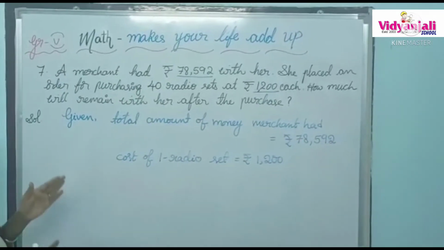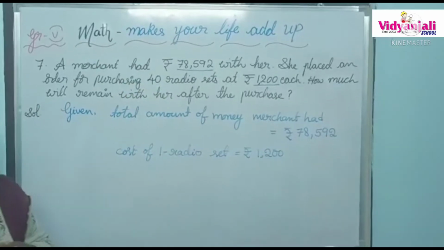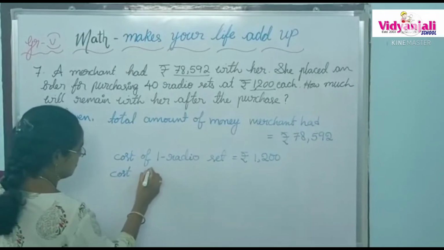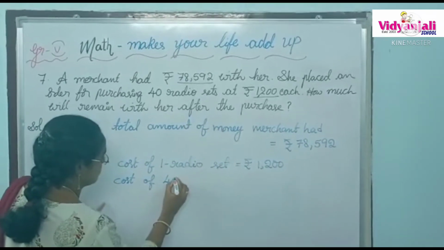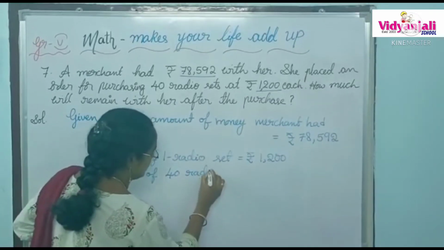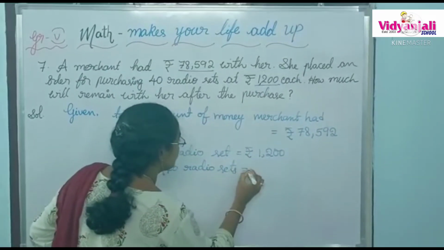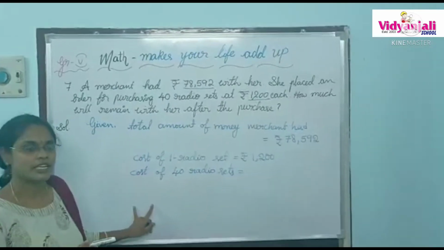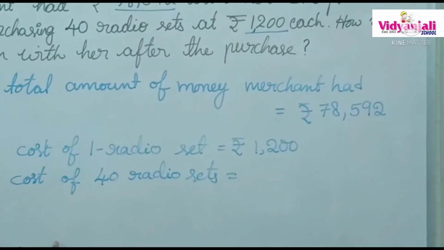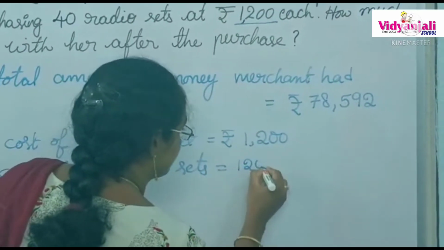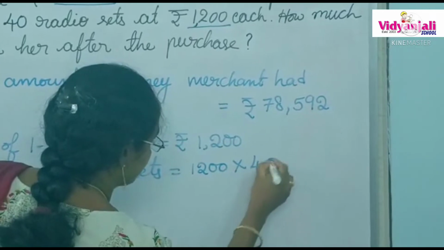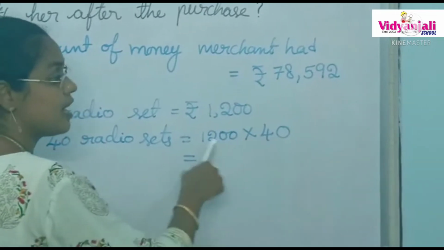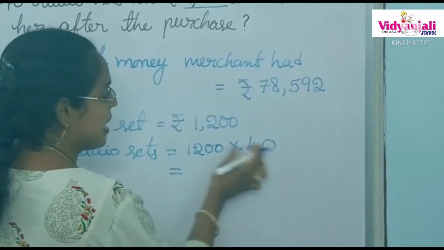So let us find the cost of 40 radio sets. If the cost of one radio is 1200, the cost of 40 radios will be 1200 into 40. And we know that when we have zeros while multiplying, we can carry the zeros to the answer.